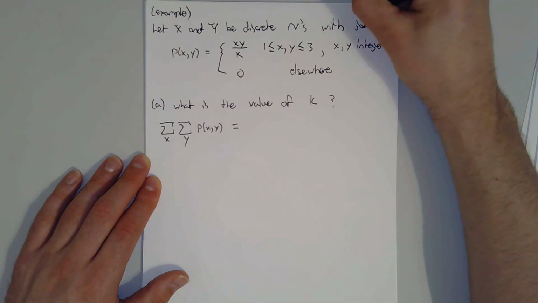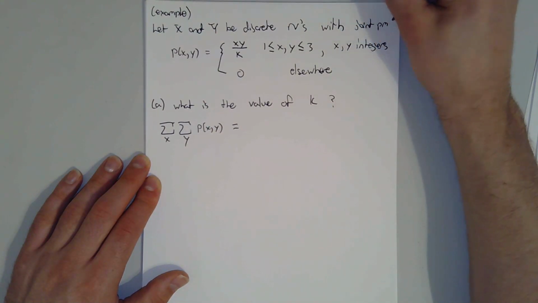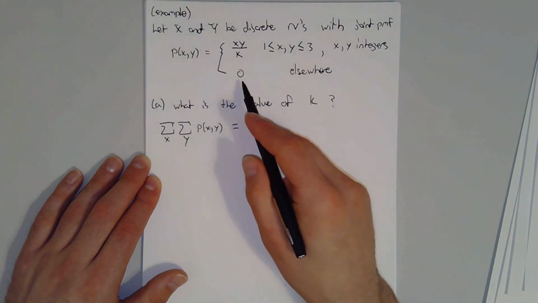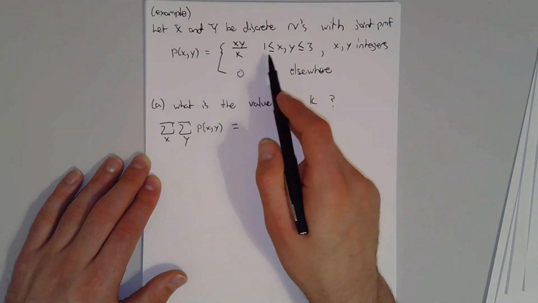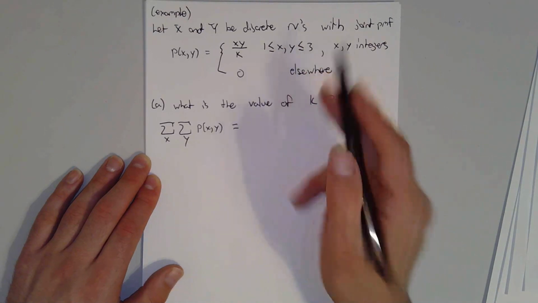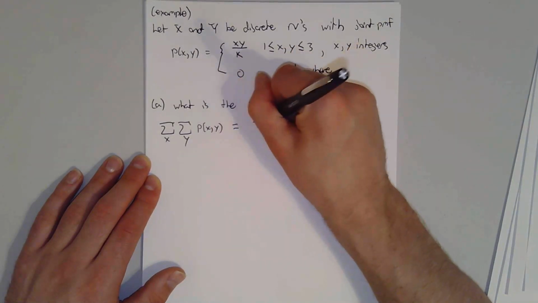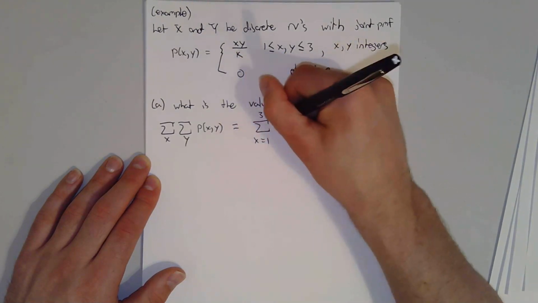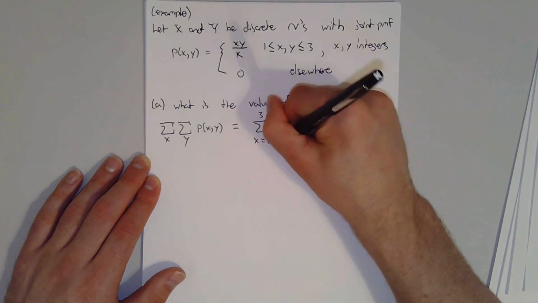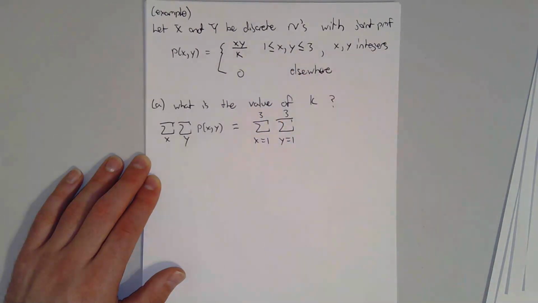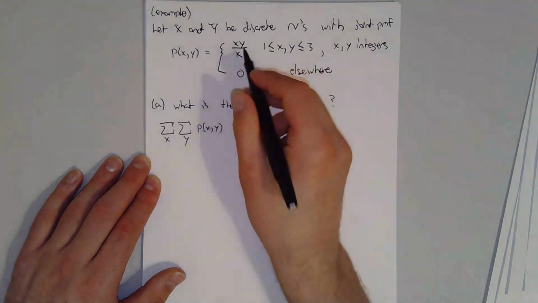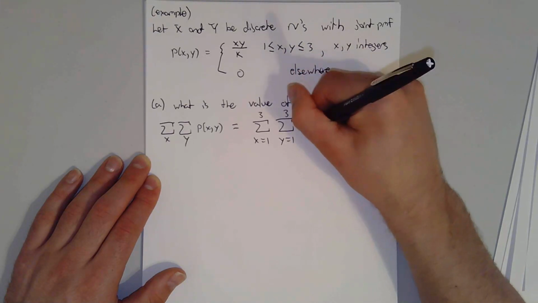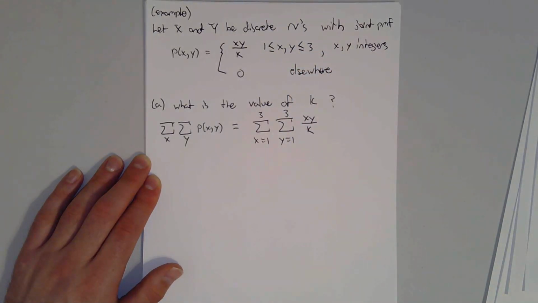The joint PMF here is 0 everywhere besides where x and y are the integers from 1 to 3. So this reduces down to the sum, x equal to 1 to 3, y equal to 1 to 3, of the expression x times y over k.